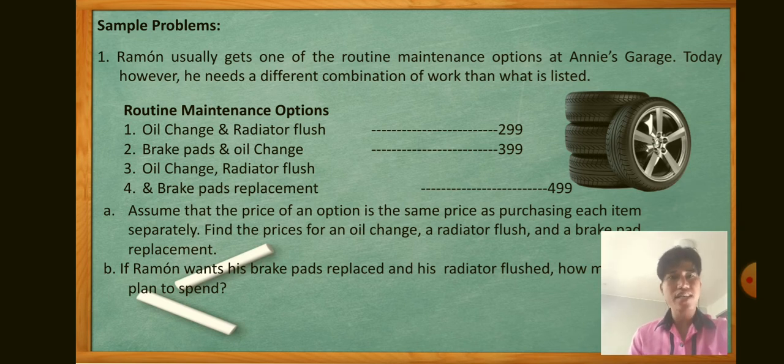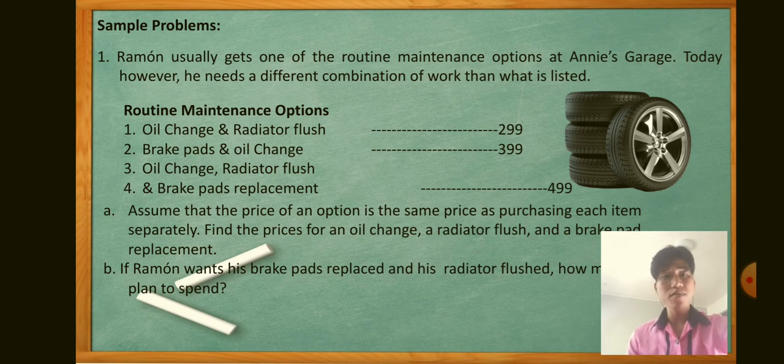So here's the list of routine maintenance options. Oil change and radiator flush is $299. Brake pads and oil change is $399. Oil change, radiator flush, and brake pads replacement is $499.